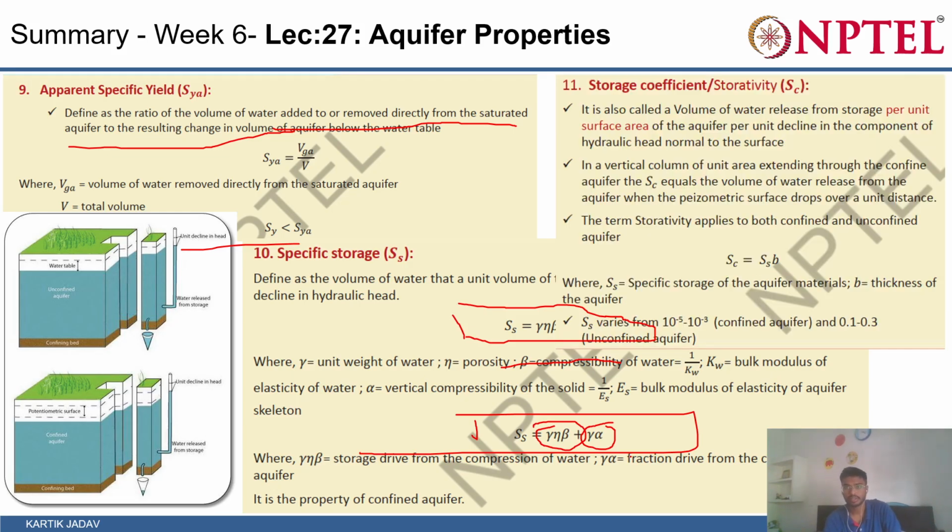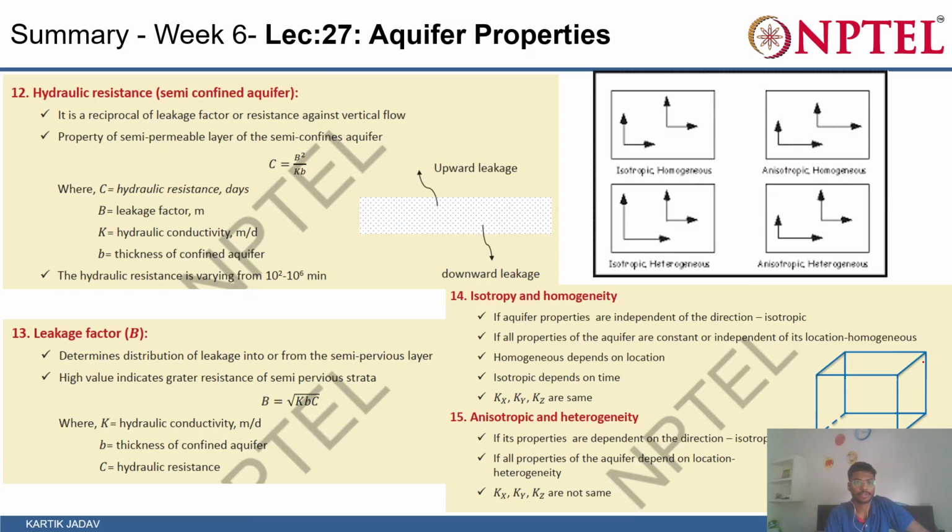While storage coefficient is the volume of water released from storage of a confined aquifer per unit surface area and per unit decline in hydraulic head. The unit of storage coefficient is meter, and it is defined as Ss, that is specific storage, times the thickness of the aquifer. Its value for a confined aquifer is around 10 to the power minus 5, while for an unconfined aquifer it is like this. Then we talked about hydraulic resistance and leakage factor.